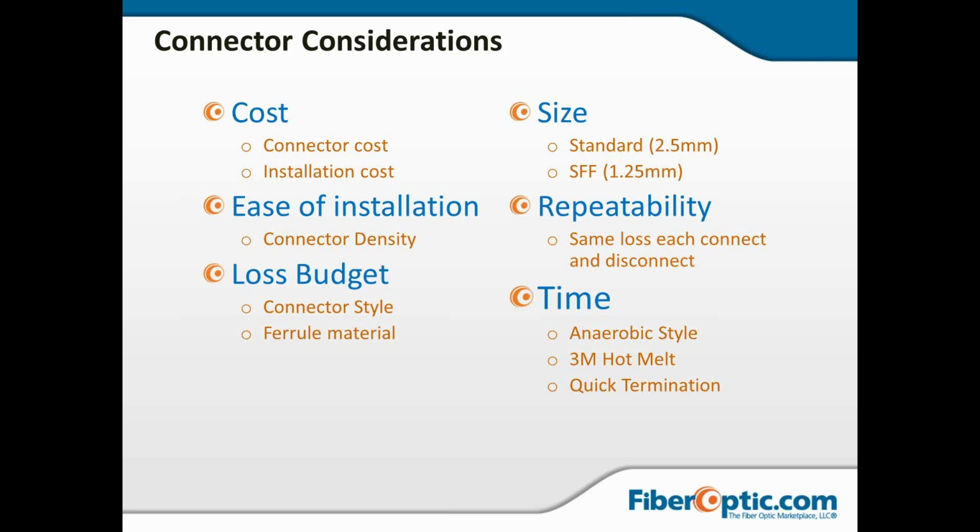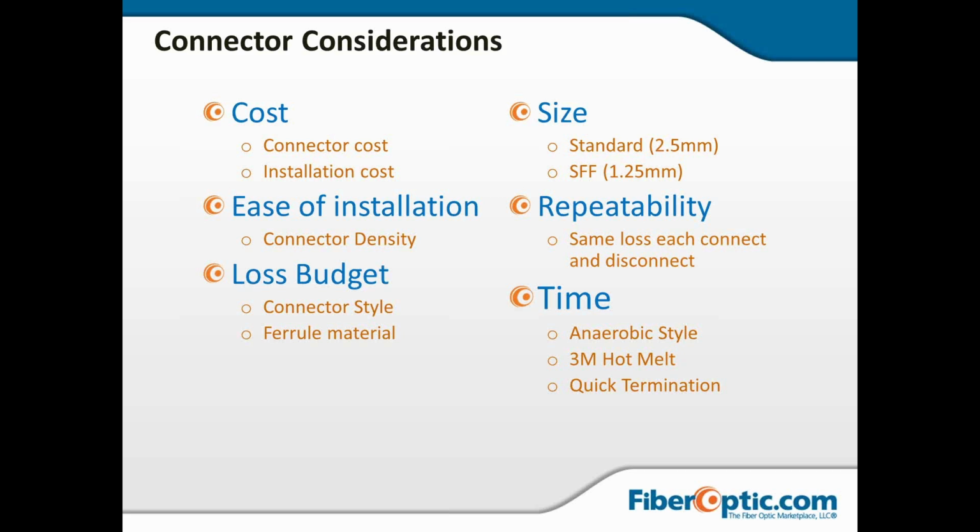Now, size. The standard 2.5 millimeter ferrule and the small form factor, whether they're the 1.25 or duplex styles. We're going to talk about each of those, but that's going to come down to density issues as well as ease of installation. Now, repeatability is the ability to disconnect and reconnect and get essentially the same loss.